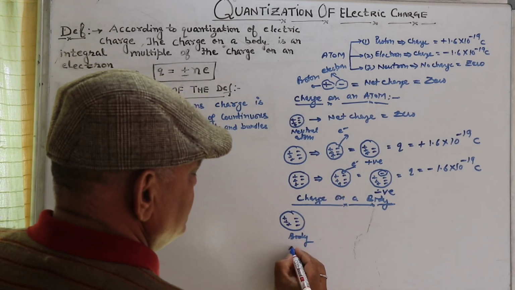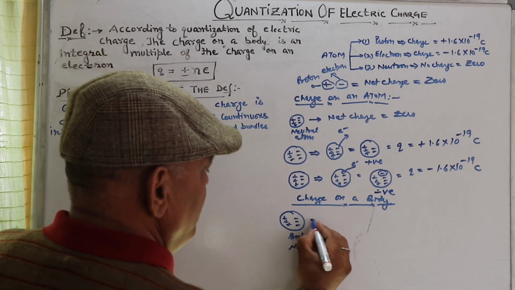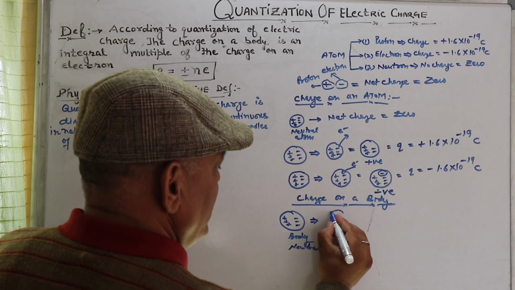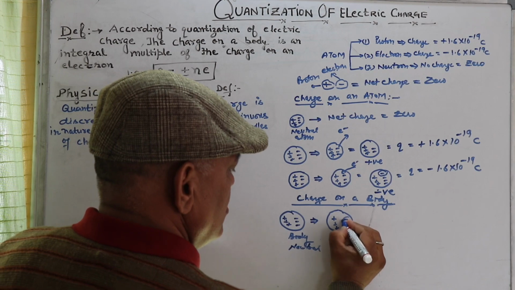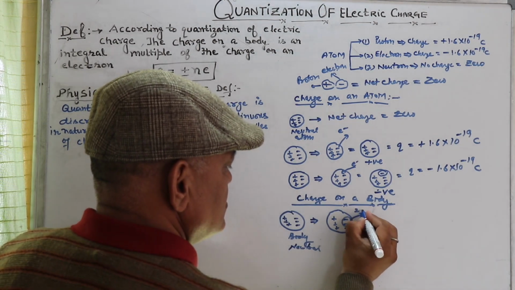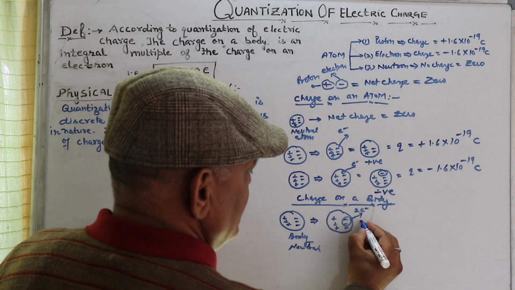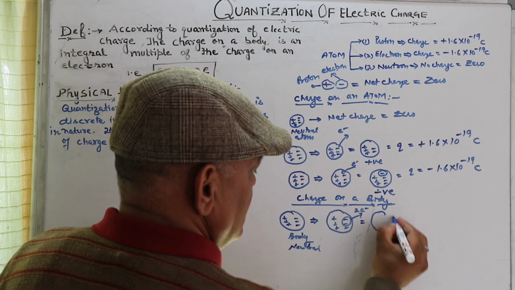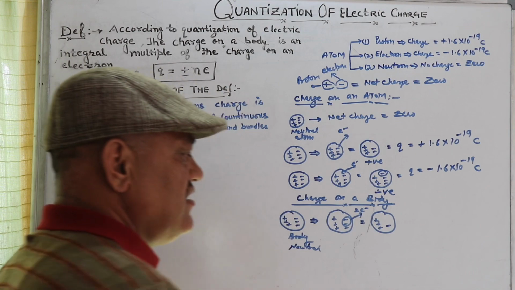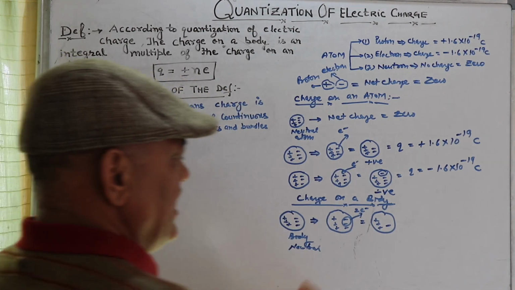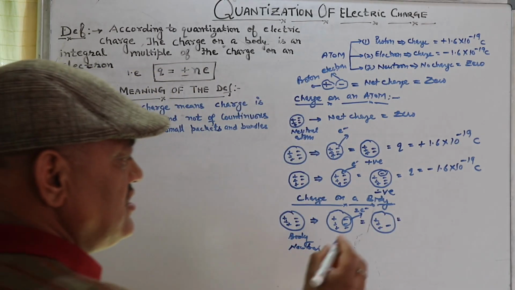Now it is neutral. If this body loses 2 electrons, then it has 3 protons and 1 electron, and the charge on it.